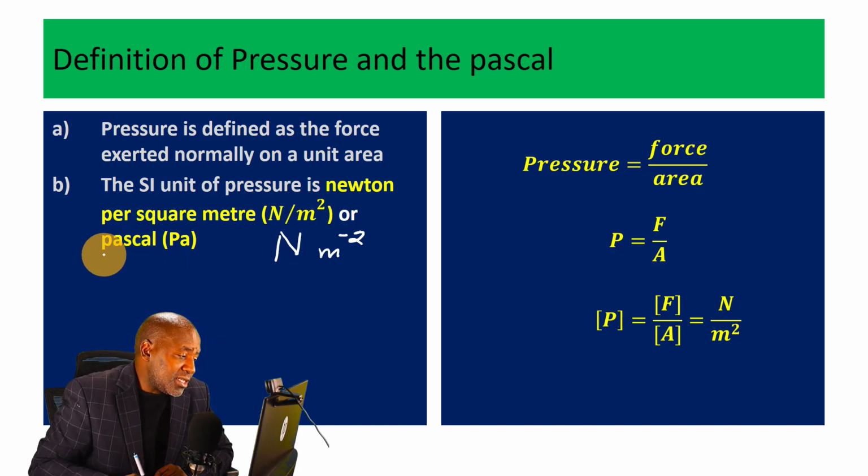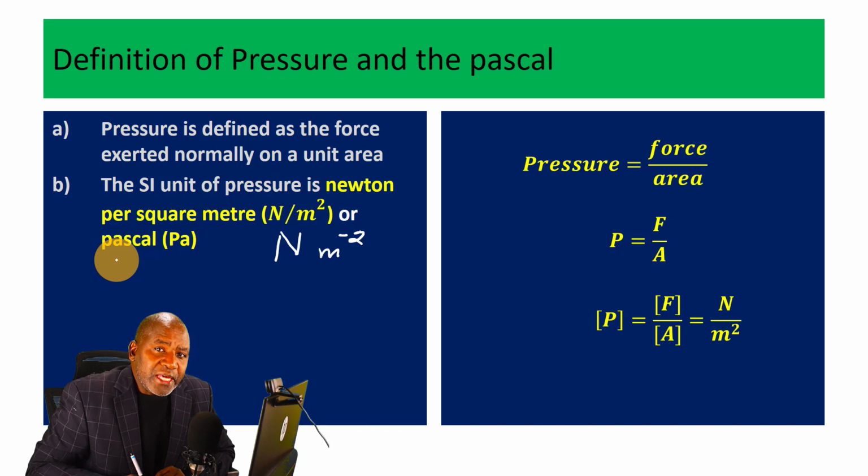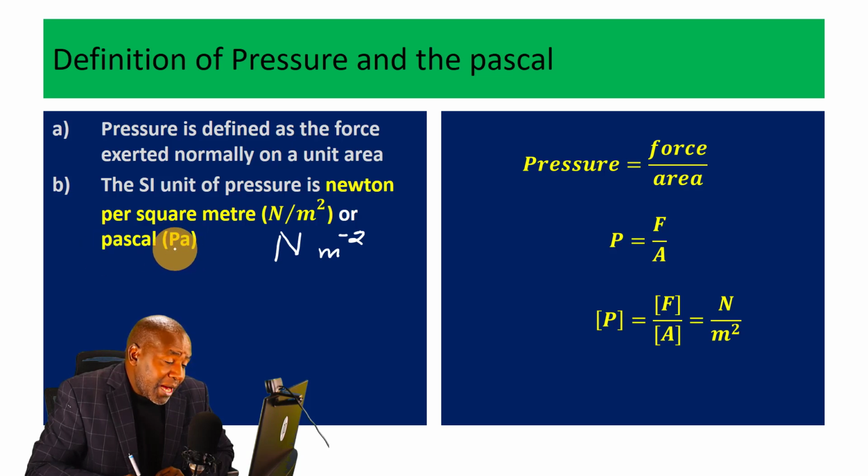In this case, it's lowercase p. But when we abbreviate the same SI unit, the letter now becomes uppercase. Look at the difference. This one is lowercase p, this is uppercase P. Just like we did with the Newton.